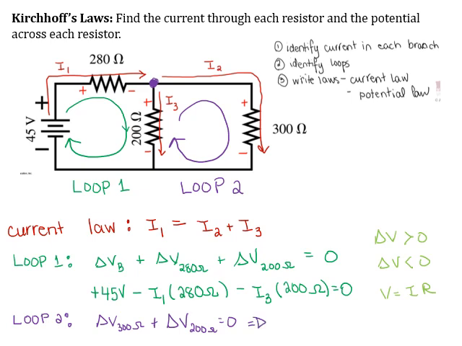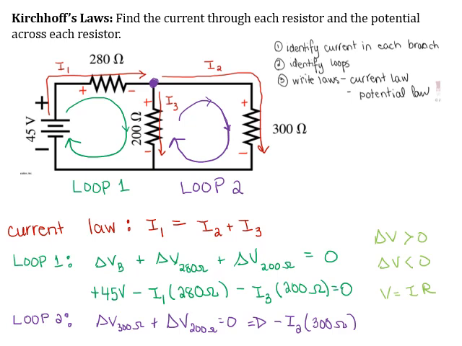Our potential of our 300 ohm resistor, if we look at the orientation of our loop for our 300 ohm resistor, our loop takes us down from positive to negative. So as we go through the 300, our loop is going down from positive to negative. That's a drop in potential or a decrease in potential. So we have minus I2, because the current I2 runs through the 300 ohm resistor, times 300 ohms.